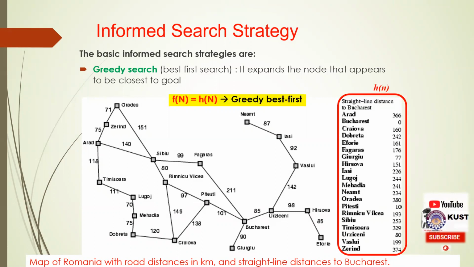The greedy search need not be complete, that is, there is always the risk of taking a path that does not bring us to the goal, and it may not necessarily detect the shortest path.